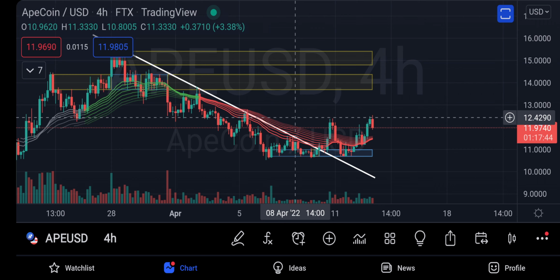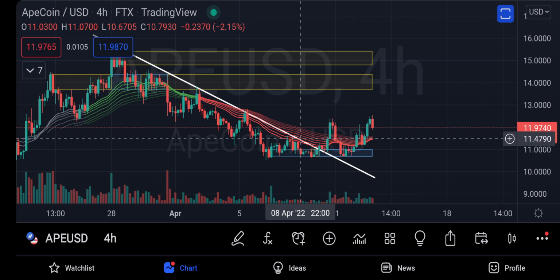It's getting again a rejection, and right now for me two possible scenarios. First one, Apecoin will retest the EMA ribbons on the 4-hourly, so it would be here at 11.44. This level actually has to hold, then it would be pretty bullish.